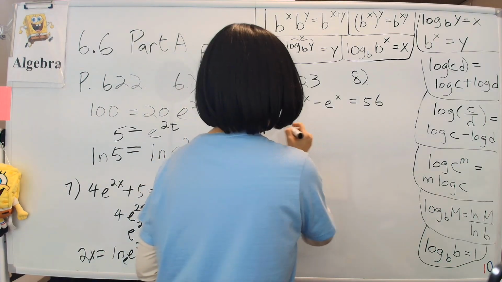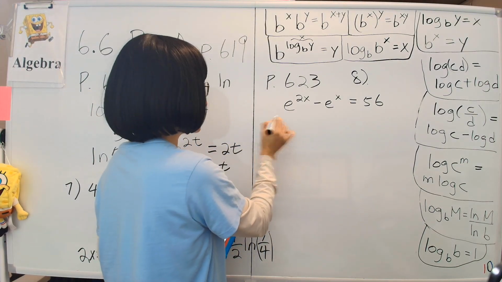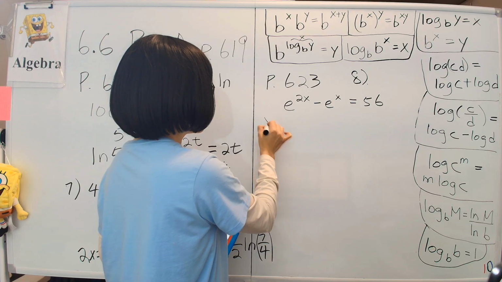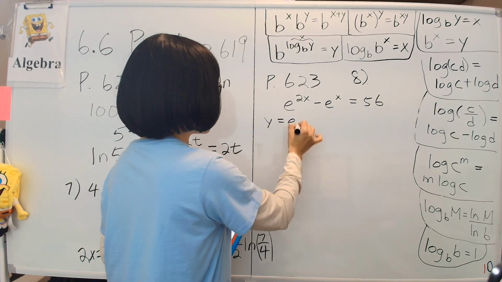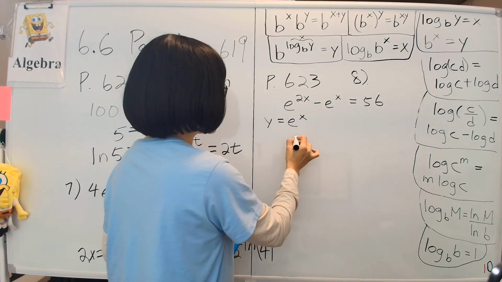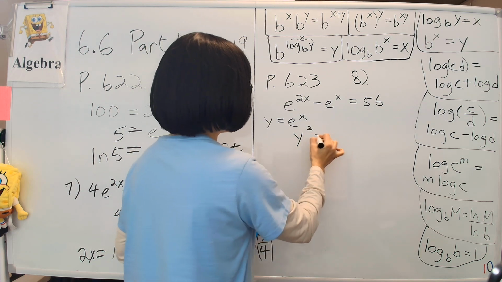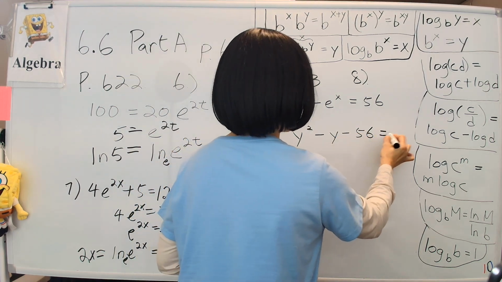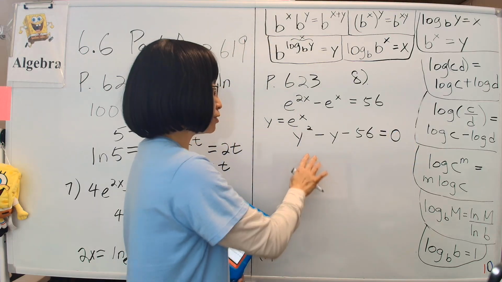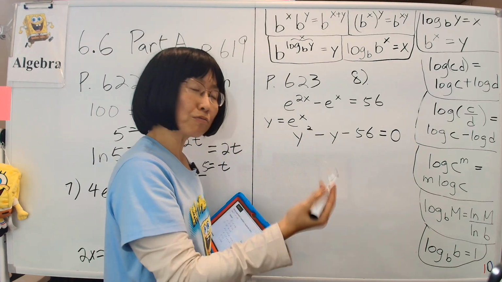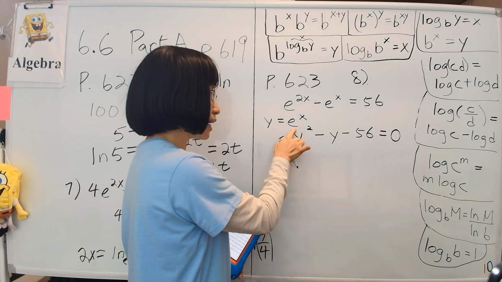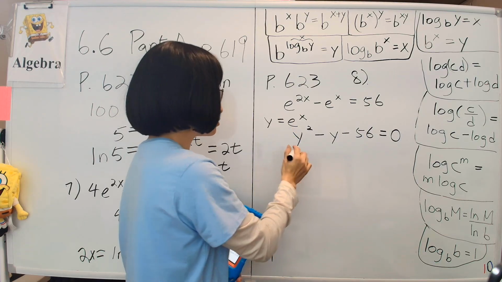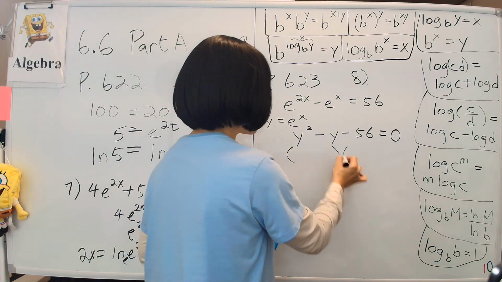Let y equal e to the power x. Then this equation transforms into y squared minus y minus 56 equal to 0. All right, and then we'll solve for y, and once we figure out what y is, then we'll solve for x from this equation. To solve for y, we do that same old trick.